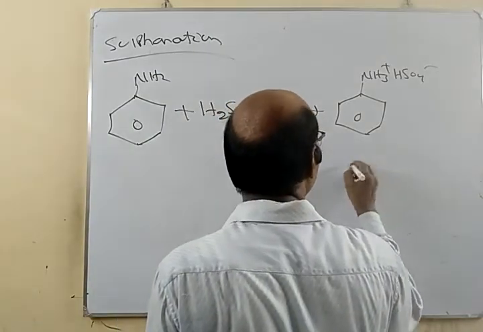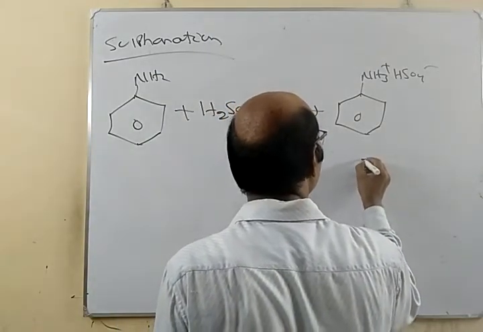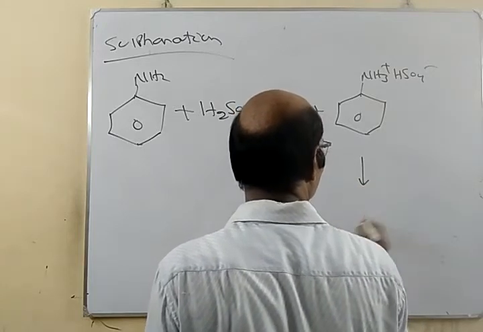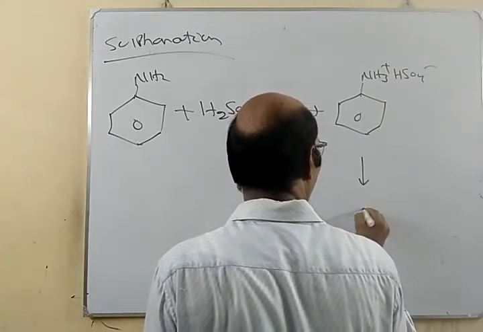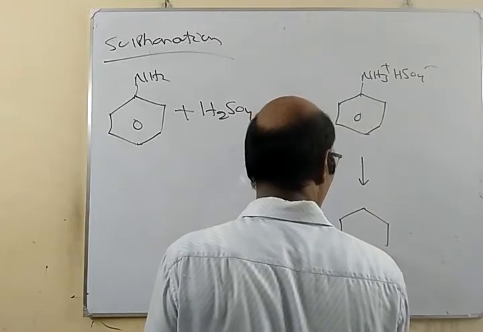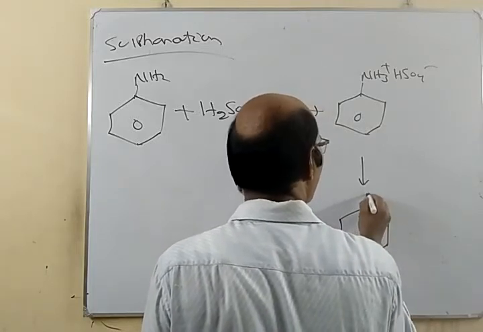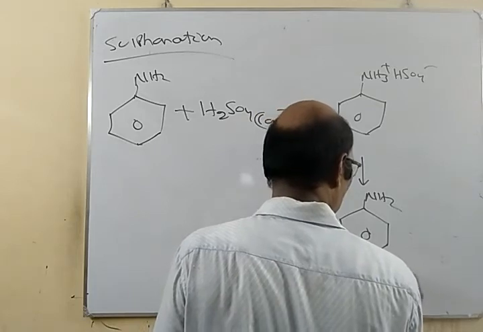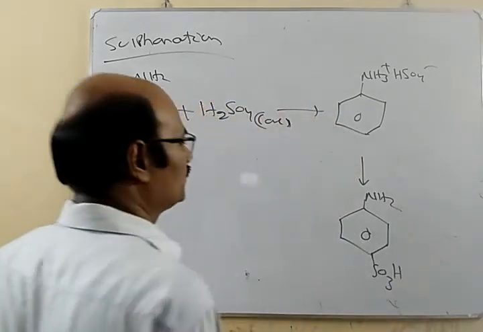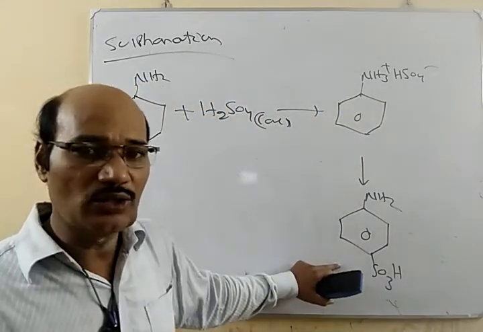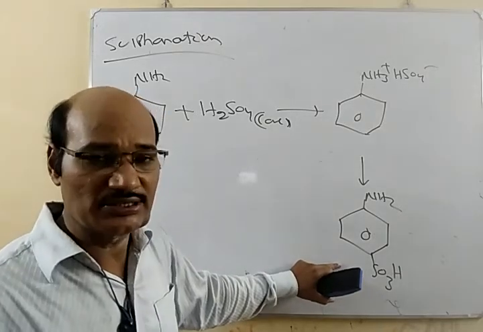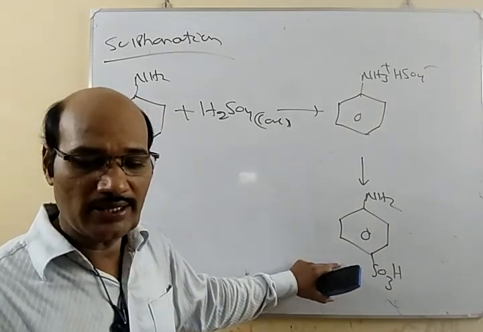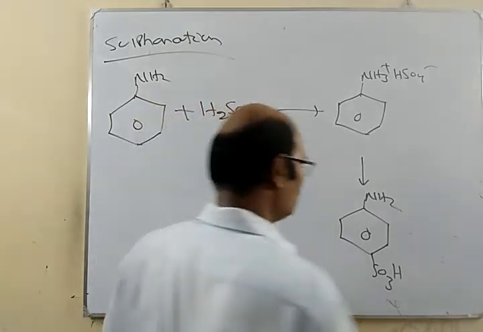From this I will get NH2 with SO3H at the para position. This is called para amino benzene sulfonic acid, or sulfanilic acid.